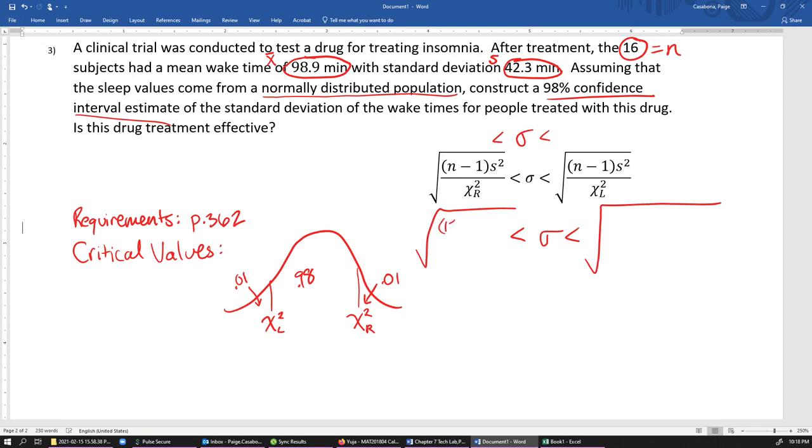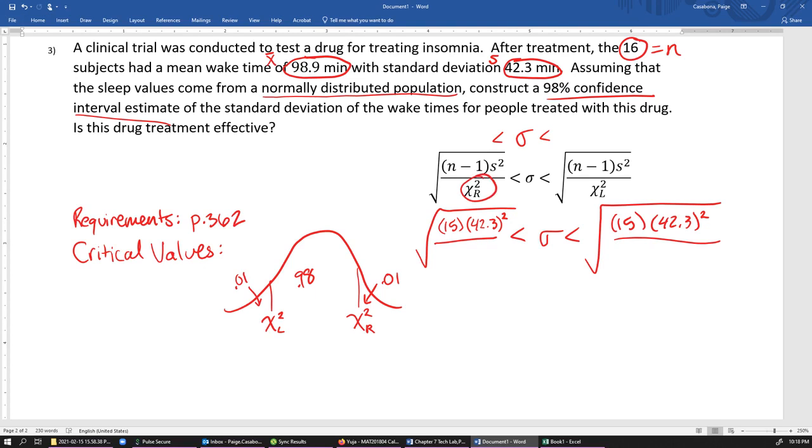They both have an n-1, so in our case that's going to be 15 in both cases. And then s squared, so that's our standard deviation squared, 42.3 on both cases. And then in the denominator, we're putting these critical values, the left and the right.